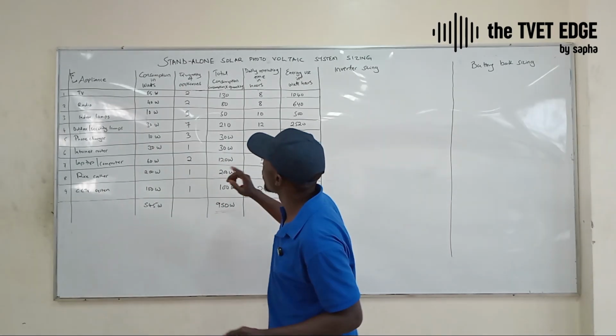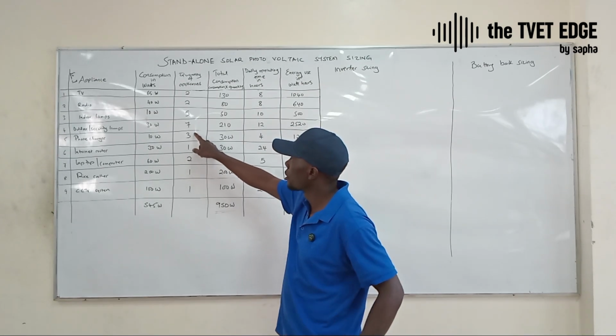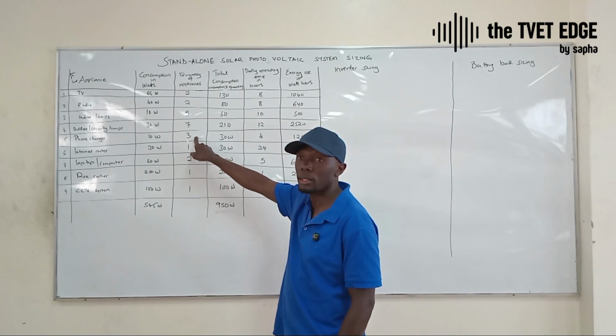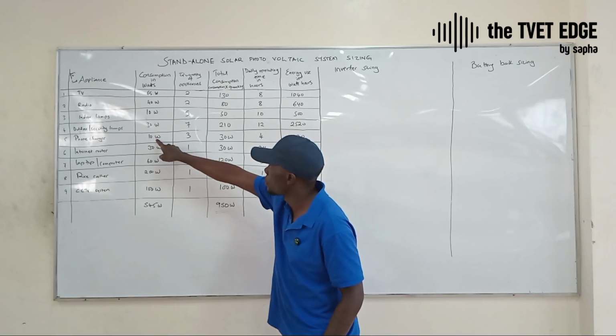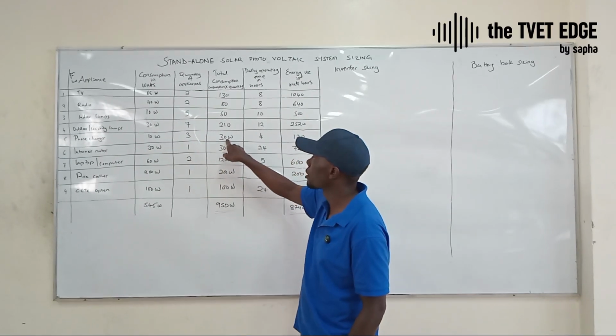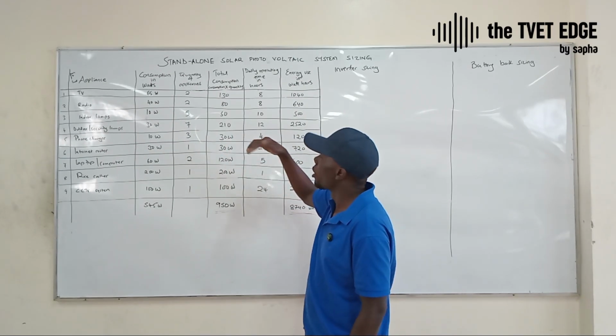So if we add 5 extra units here, that becomes 8. And if we multiply the 10 watts times the 8 units, we get 80 watts.